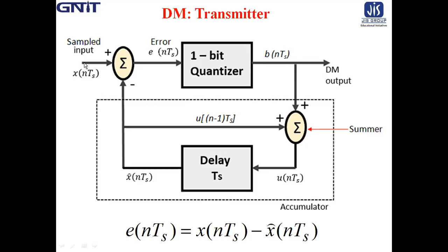And if the present sample value is lower than the previous sample value x cap(nTs), then from the DM output binary 0 is transmitted, and in that case b(nTs) is minus delta. So from the previous sample it reduced the step size by an amount minus delta. So this is the logic of delta modulation, and in that way we can generate a delta modulated waveform.